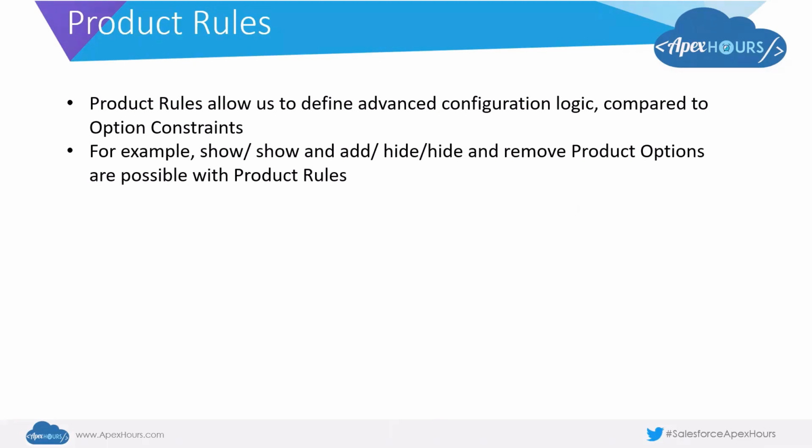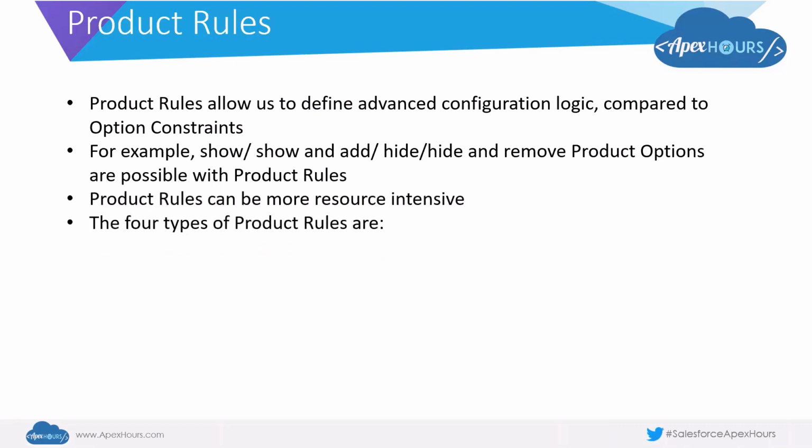So make sure you're choosing the right tool for the right task. A good example for a product rule would be if we want to show or hide, add or remove product options, then we could do that using the product rules.